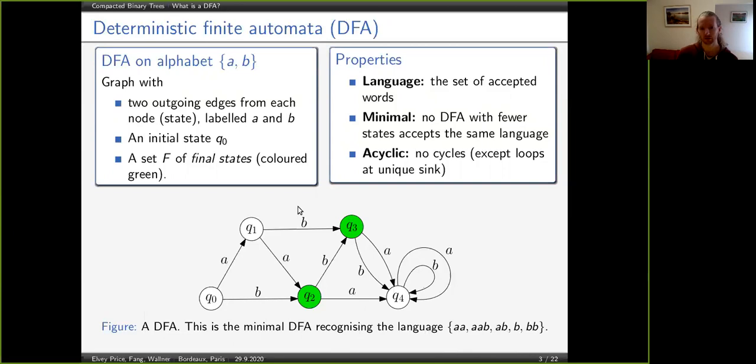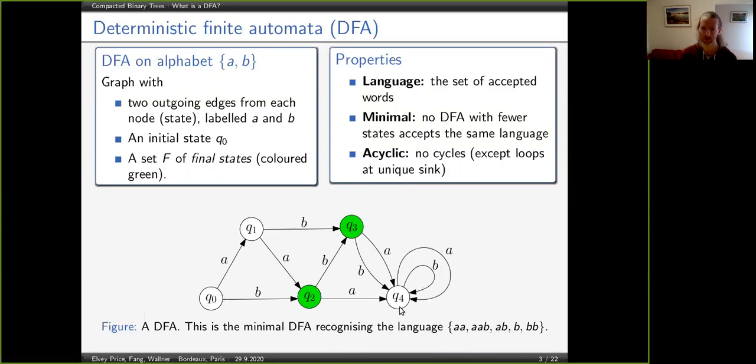Okay, so the DFAs that we're actually counting here are those that are minimal and acyclic. So minimal means that no DFA with fewer states recognizes the exact same language, and acyclic means that there are no cycles except that there have to be cycles at the sink.